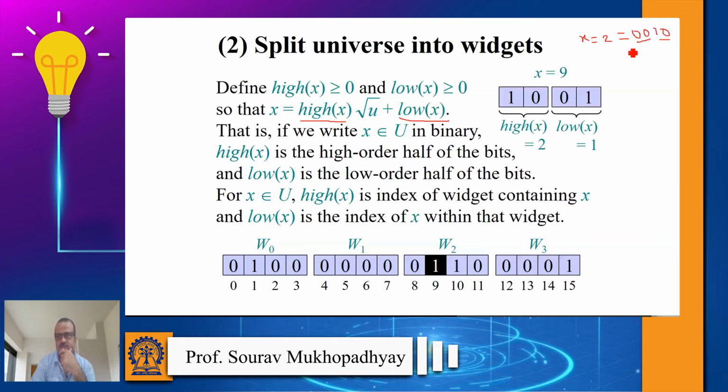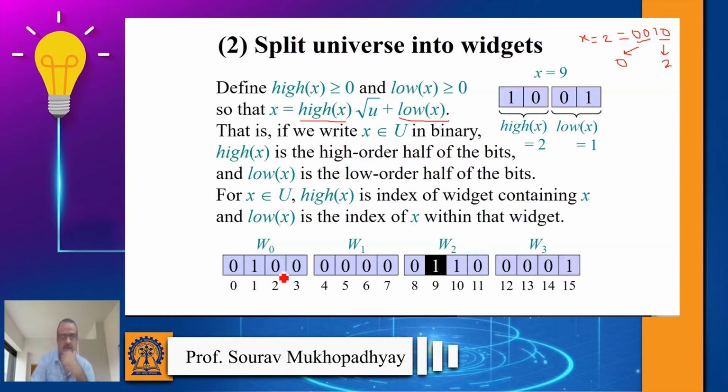So this is 0, so we must go to W0. So 2 is in W0, and this is our 2. So we are looking for a 1 after this. We are looking for a 1 in this arrangement after this.